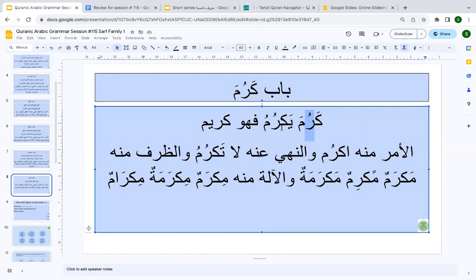In mudare, you are going to again see dhamma. You see dhamma in both madin and mudare. Kabura yakburu. Karuma yakrumu. Everyone got it?